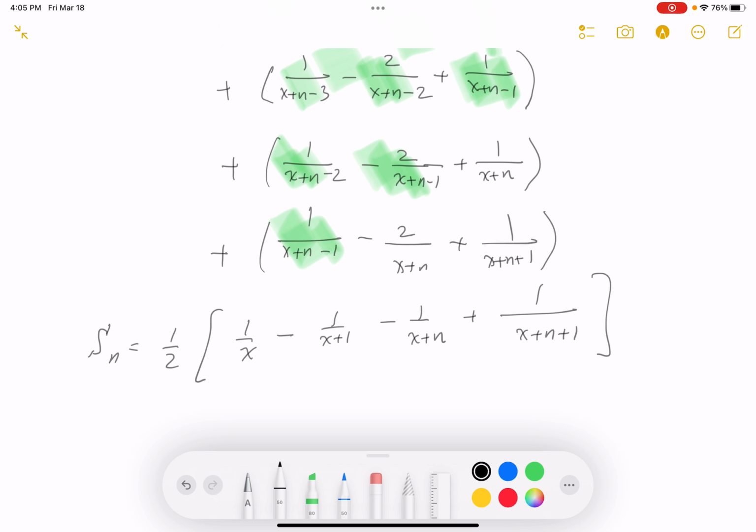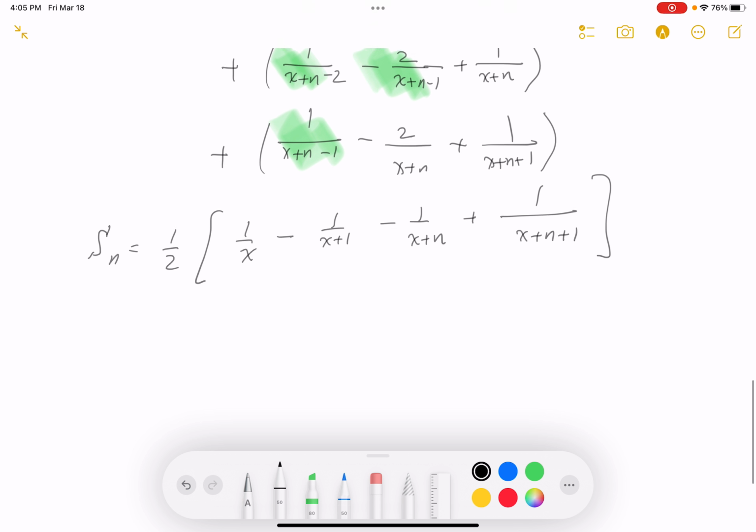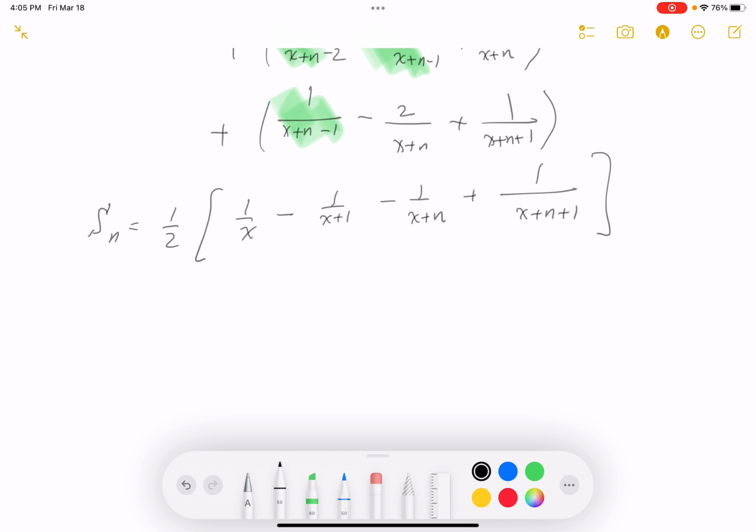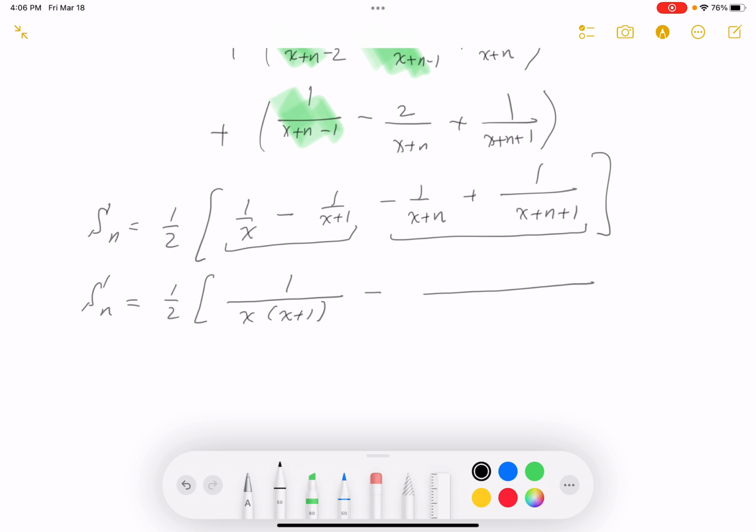Now, I'm looking maybe to do something else with that. What I'm going to do might seem crazy to you, but I want to combine things together if I can. Let me see if I can combine these 2 together. And what do you get? Sn would be 1/2 still. This would be x plus 1, and then on top you get x plus 1 minus x, which is just 1. And I'm going to combine these 2 together. What would that give me? Well, I'm going to put down a minus sign now. I've got to be real careful though, don't I?